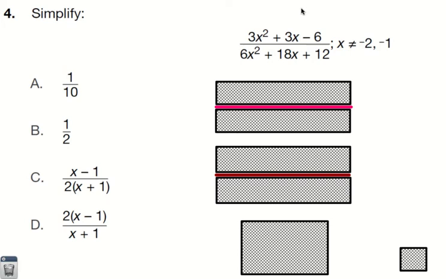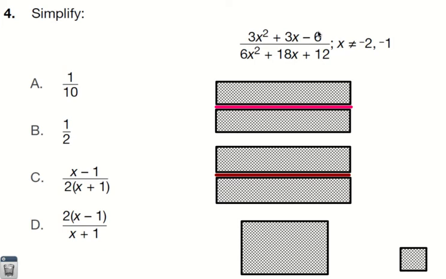Okay? Please pay attention to that. I'm going to say that again because this is a very common mistake that people make. They do not remember to factor before canceling things out. Because as this is written right now, there's no canceling you can do. So we're going to have to factor.